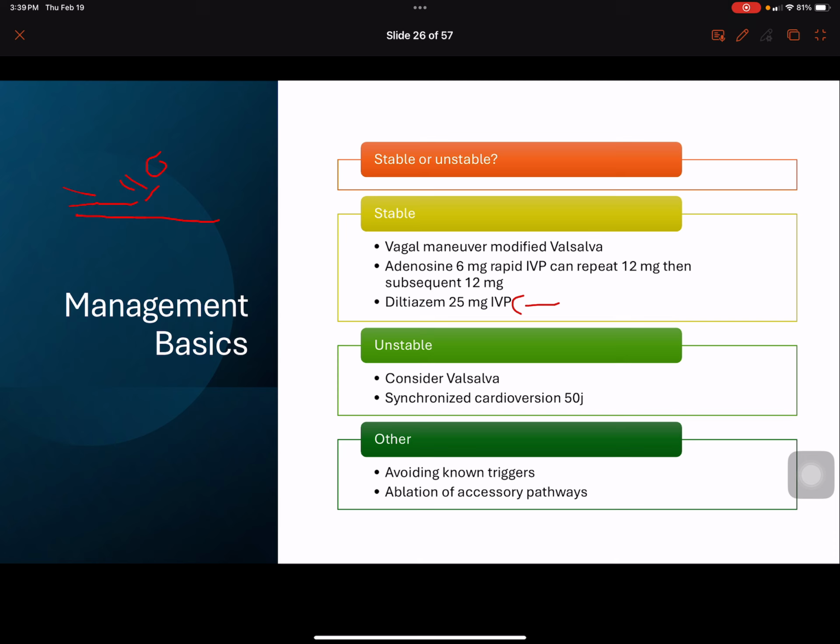Some services have gotten rid of the 6 milligram and gone straight to a 12 milligram dose. Why dose your patient with this horrible drug twice? Sometimes 6 is not enough, and because the half-life is so fast, it just does not actually reach the AV node. So some have gone to 12, but what we teach is 6, 12, and 12. We don't give any more after that.